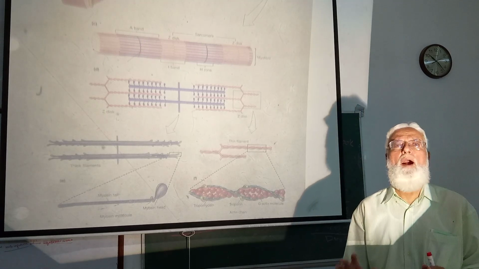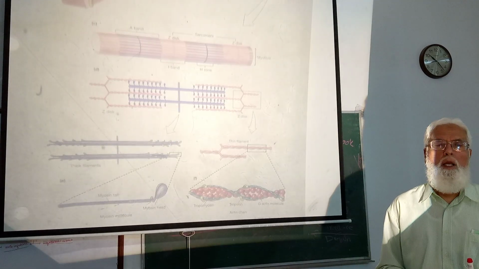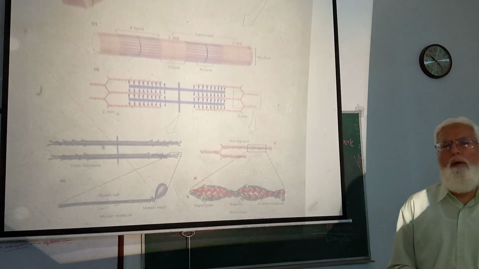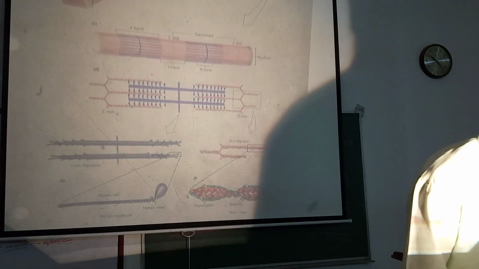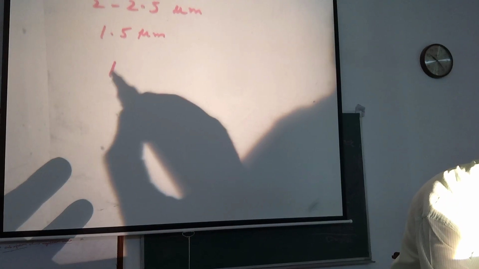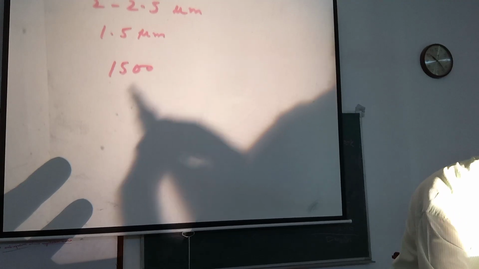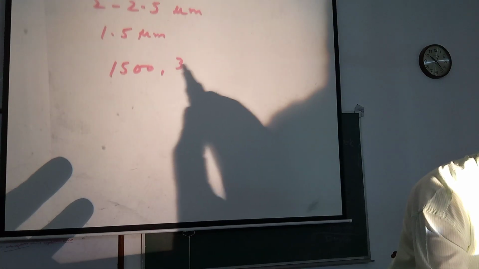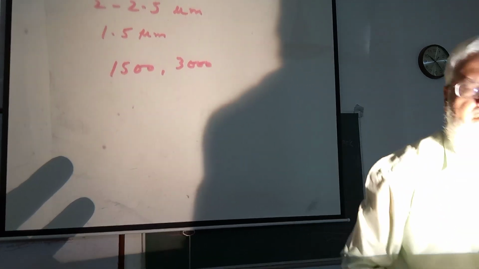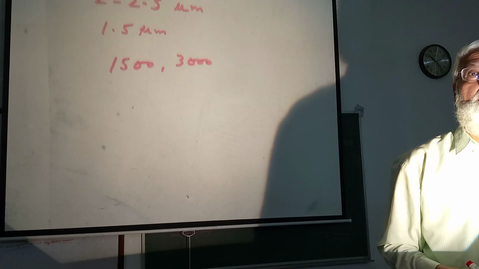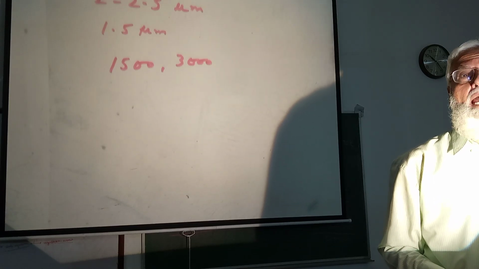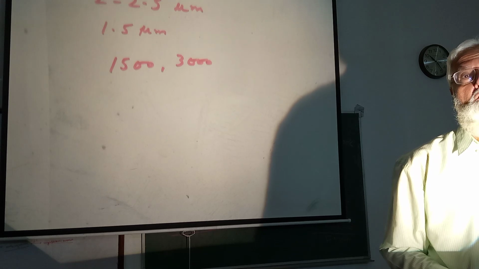First, about myosin. Keep in mind that in each myofibril there are 1500 myosin filaments and 3000 actin filaments.